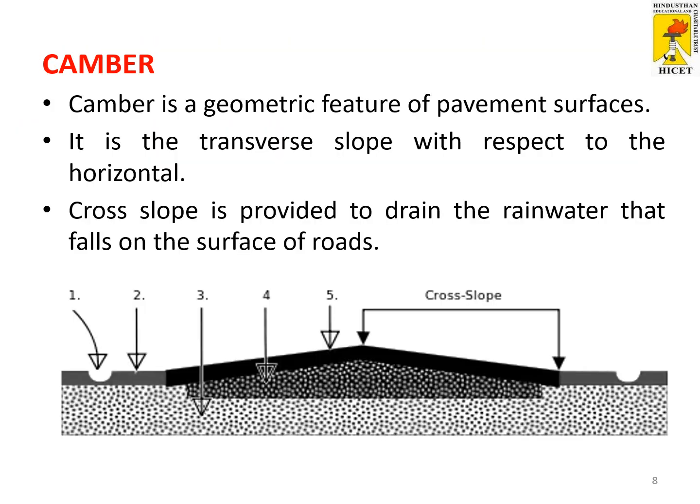Then camber. Camber is a geometric feature of the pavement surface. It is a cross-sectional slope, or transverse slope, given to the road with respect to the horizontal. This image shows serial numbers 1, 2, 3, 4 and 5.